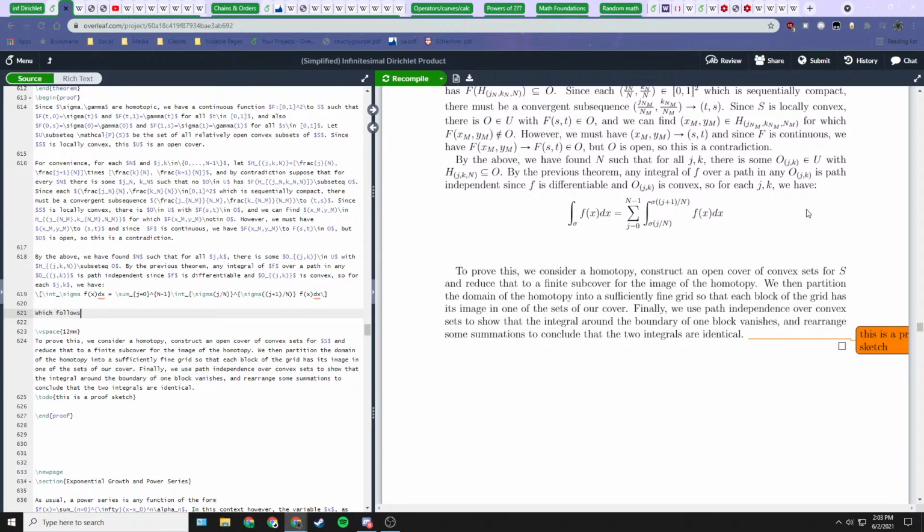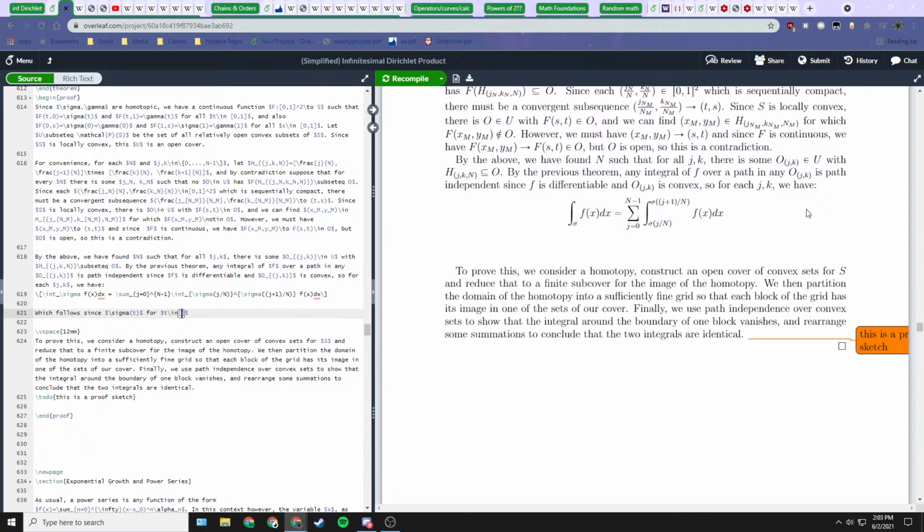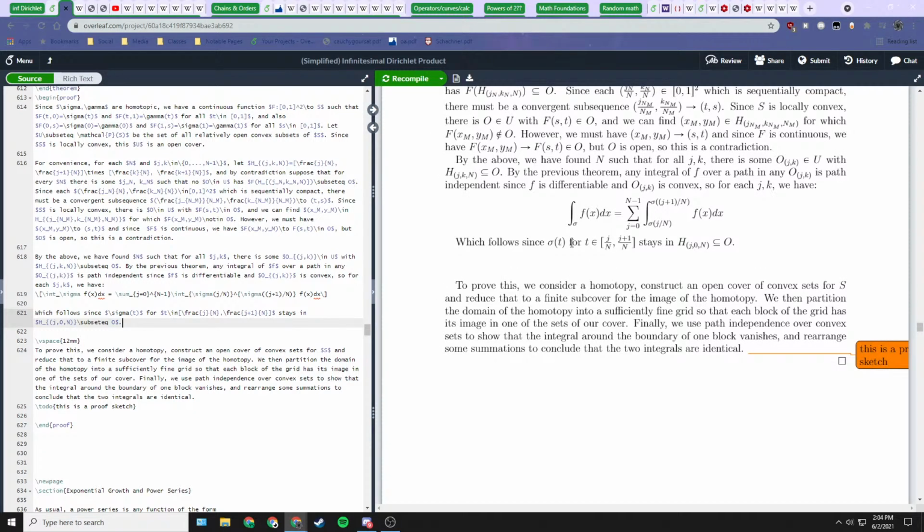Which follows, since sigma of t for t in j over n to j plus 1 over n stays in h sub j 0 n, which is a subset of O. So essentially just by cutting up this sigma into subpaths, we can add all those up, and each one of those is path independent because they stay in this tile, h sub j 0 n, which is a subset of O. So we can just use these straight linear paths.